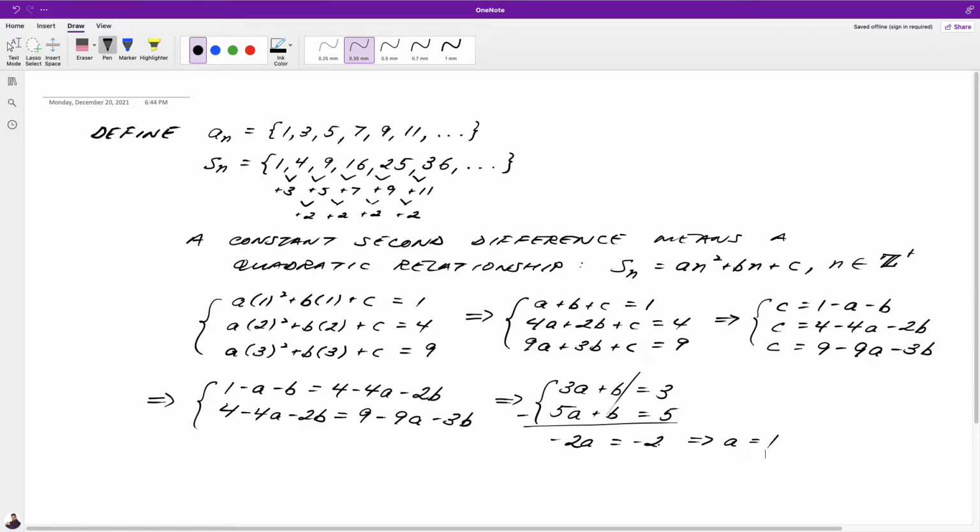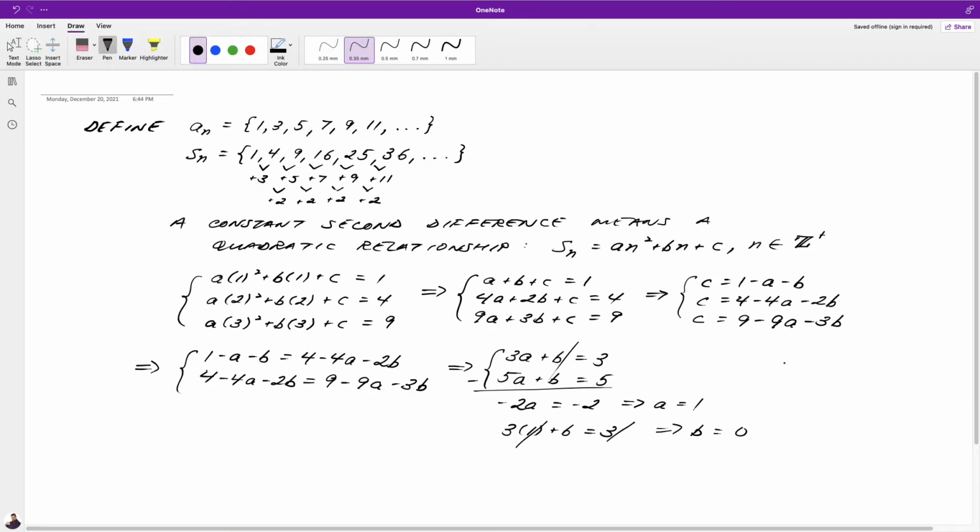Now knowing that a equals 1, we can plug in to find b. So we have 3 times 1 plus b equals 3. Well, that means obviously b equals 0. Now that we know that a and b are 1 and 0 respectively, we can find our c. We're going to use the top equation, c equals 1 minus a, which we've discovered as 1, minus b, which we've discovered as 0. Well, 1 minus 1 is 0, so c is 0.